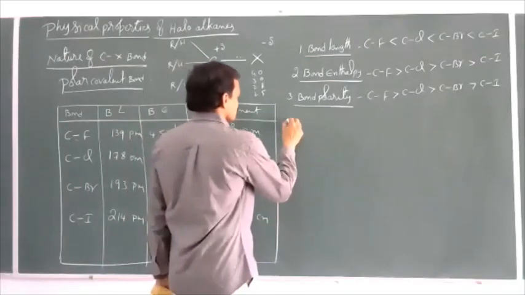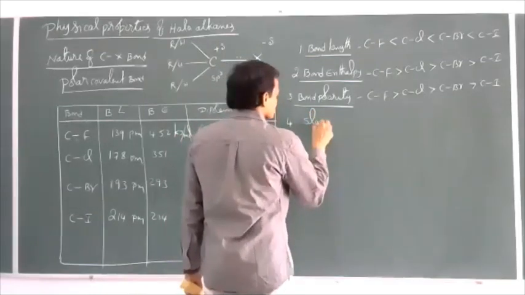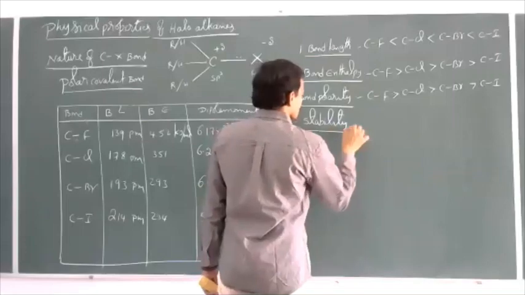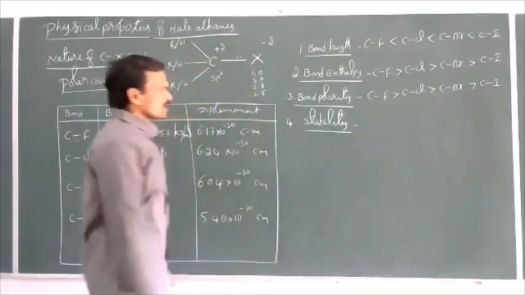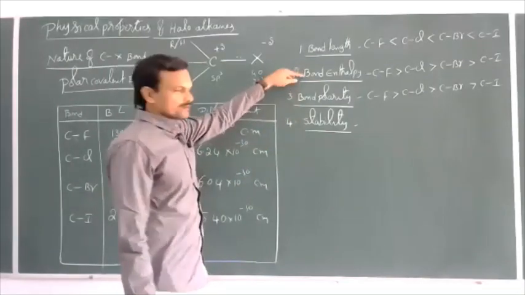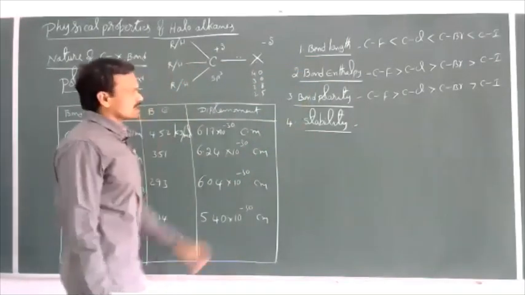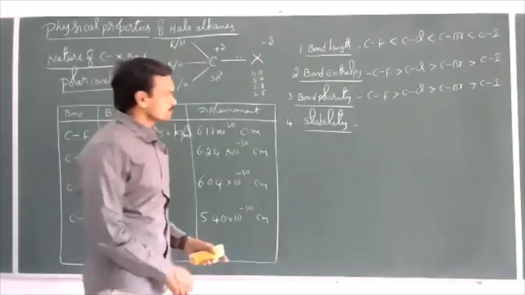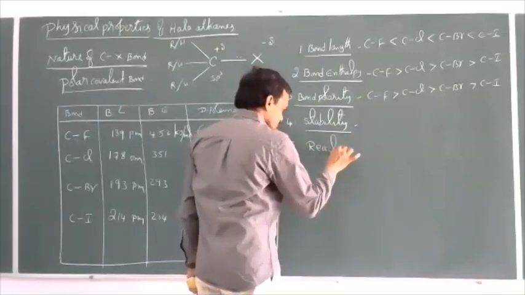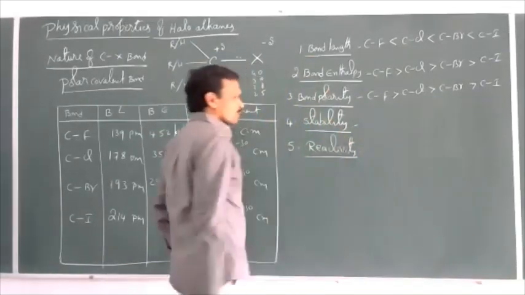Next, stability. What is the order of stability? Generally, stability or reactivity, both depend on bond enthalpy. And the fifth one is reactivity. Generally, these two are opposite to each other.